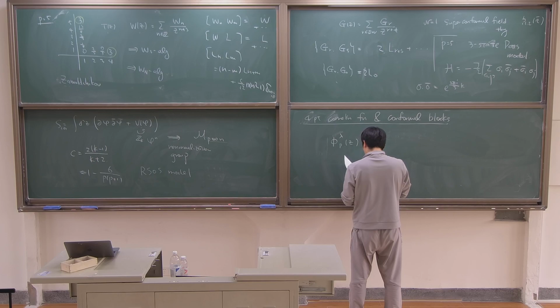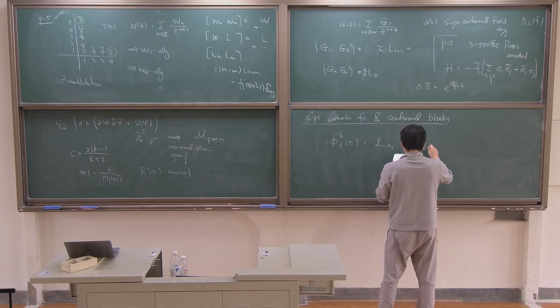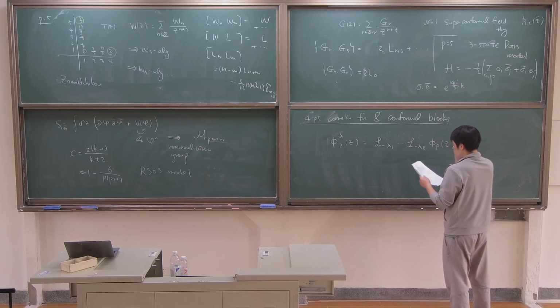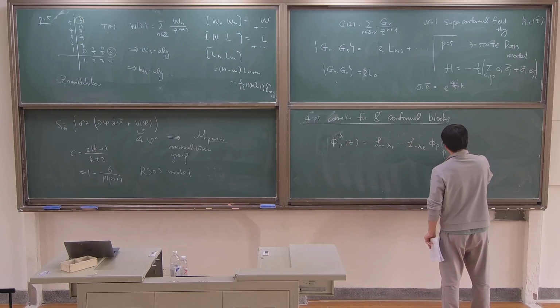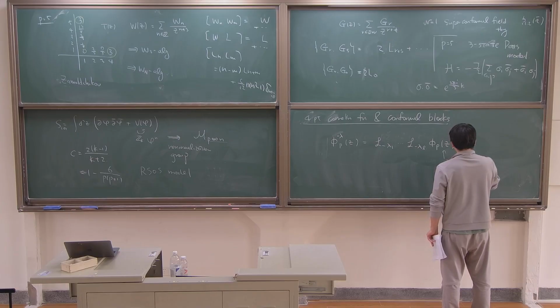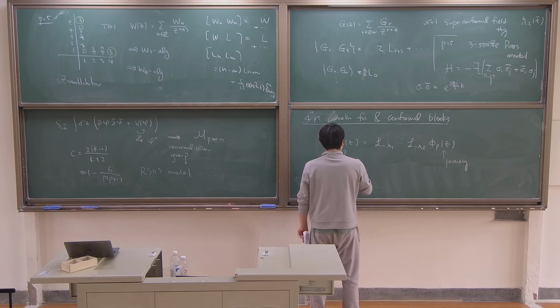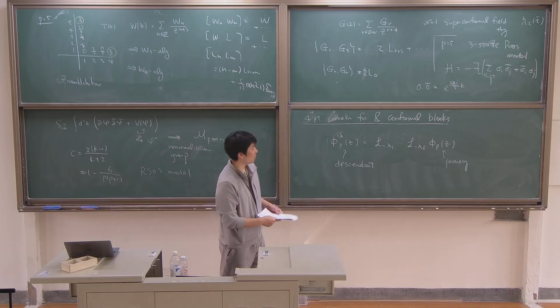Yeah, I think it's a holomorphic part. Okay, so minus L1 phi of P of Z. So this is a primary field, and this is a descendant. So that's the descendant and the primary field.